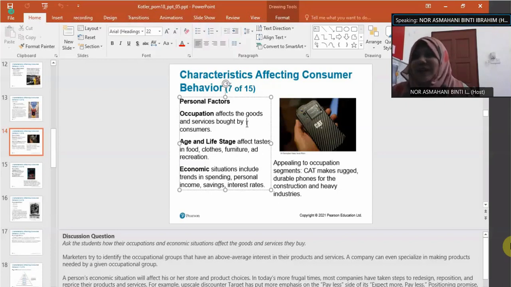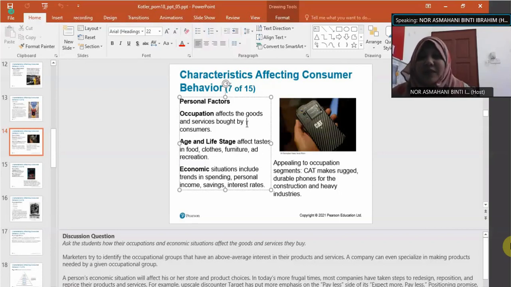And in fact, today, even though I'm not attending any formal meeting, during my leisure time I will still think about what I wear, because some of my students, when they bump into me, say, "Hi doctor, hi madam Nora," right? They will be shocked later. So your occupation also affects the goods and services that you buy from a marketer.